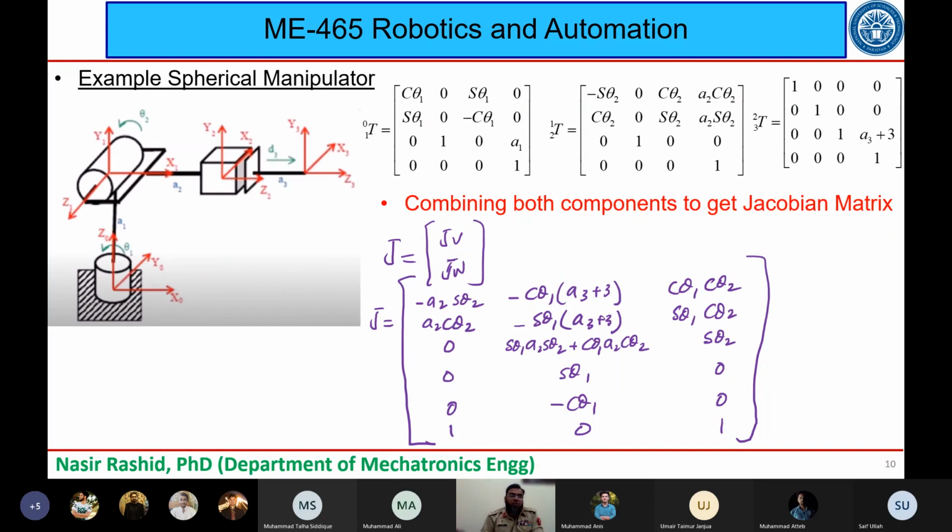What we are going to do tomorrow is solve two examples of calculation of Jacobian. But I am not going to write them down on the slide for you.